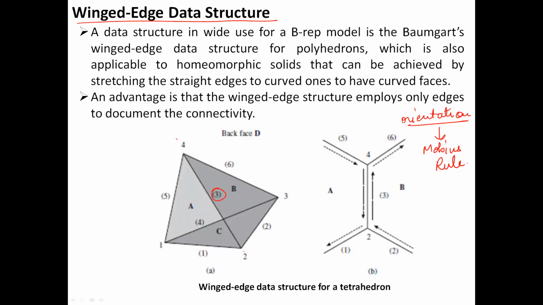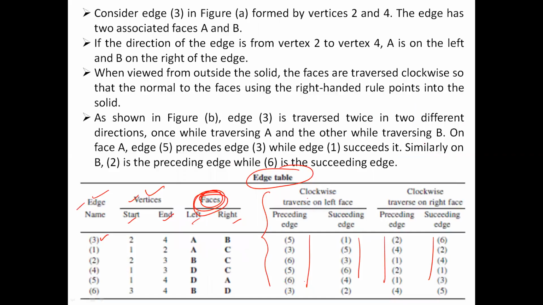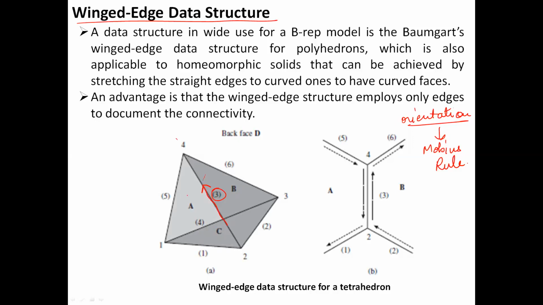Okay, now let us assume we are walking on this edge along this direction, that is from 2 to 4. So the starting point of the edge is 2 and the ending point is 4. This becomes your left and this becomes your right.